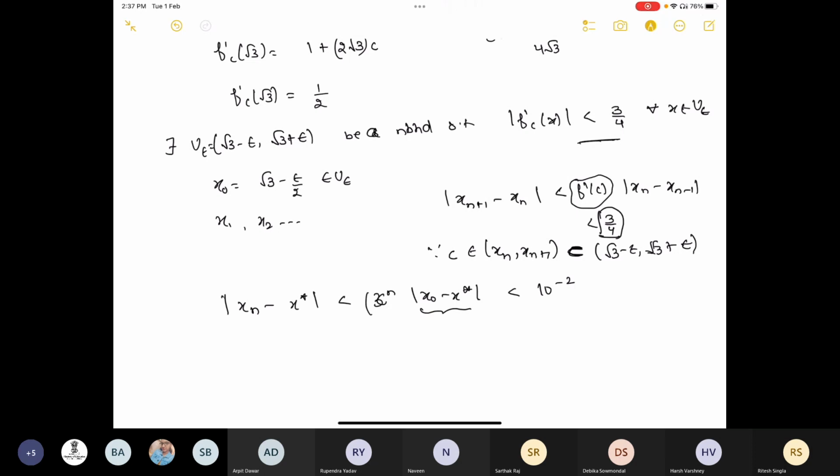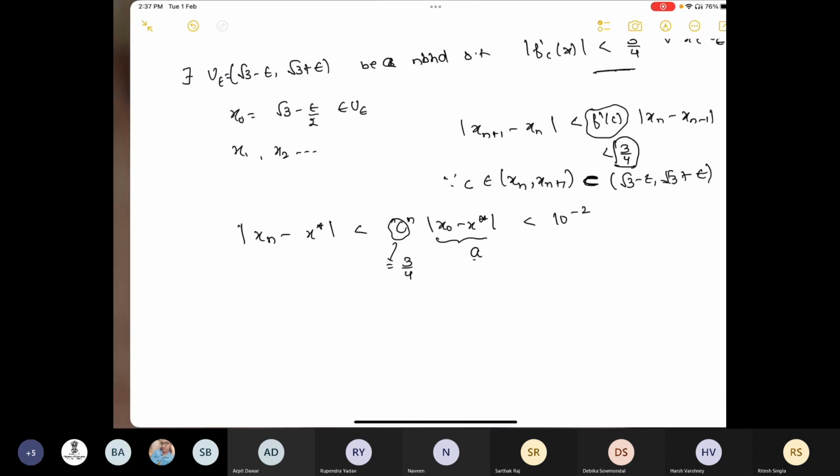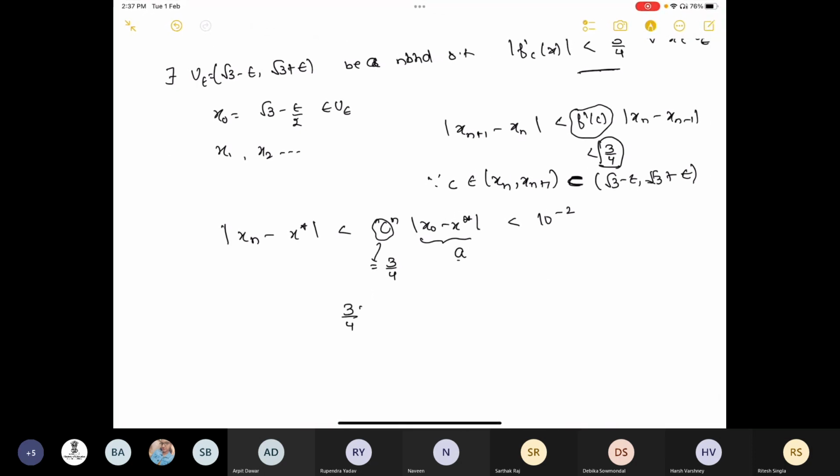Here this c is nothing but 3 by 4, and say mod x naught minus x star is some constant A. I don't care what that is. So we have (3 upon 4) to the power n times A should be less than 1 upon 100.